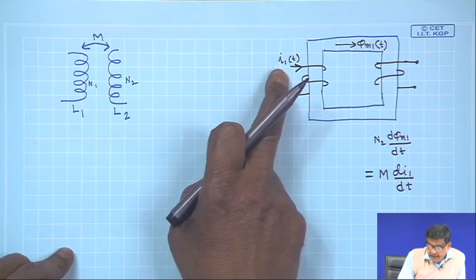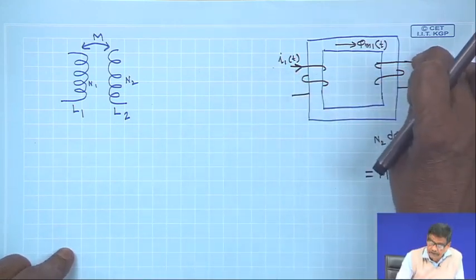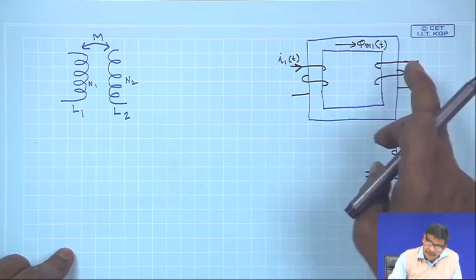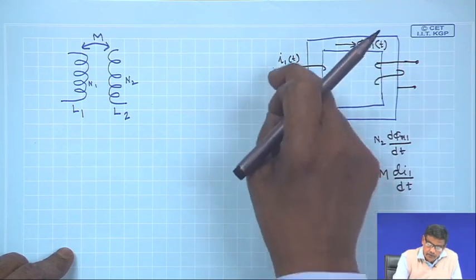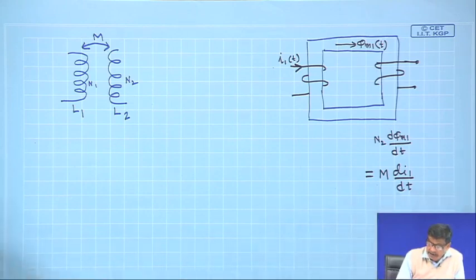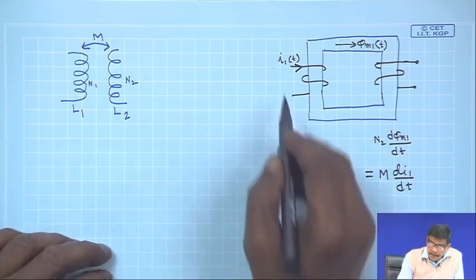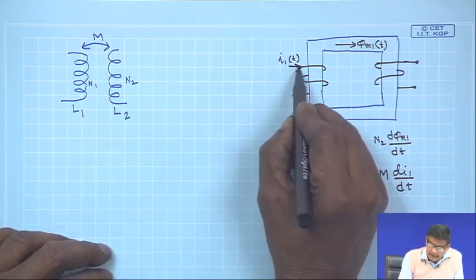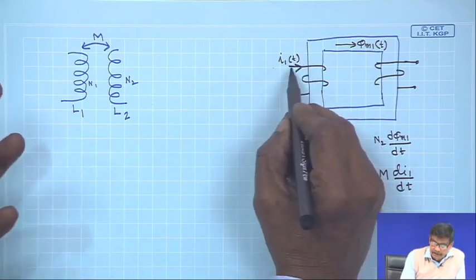If there is a time varying current here, there will be an induced voltage here. If there is a time varying current in the second coil, there is bound to be additional induced voltage across the primary, and we know that M dI1 by dt. Now, the question is how this current can be made time varying.